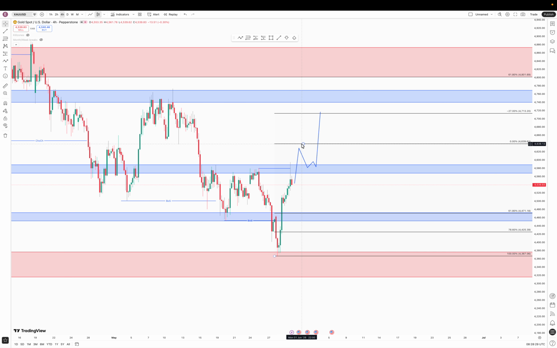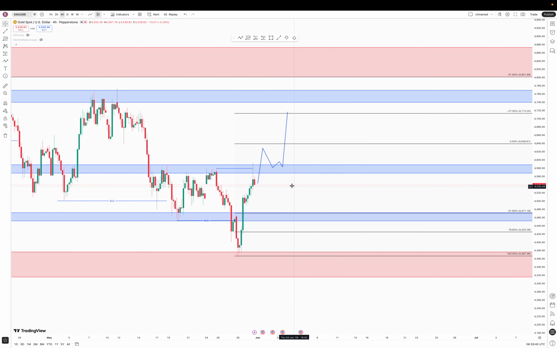We might get a change of character and the price doesn't get back to this zone. Maybe the break of structure guys will have their way, or if I see momentum build here before the break, then placing my fib, I could get my trade entry from this other zone. But the most realistic place to wait for this market should be here if we get a change of character.